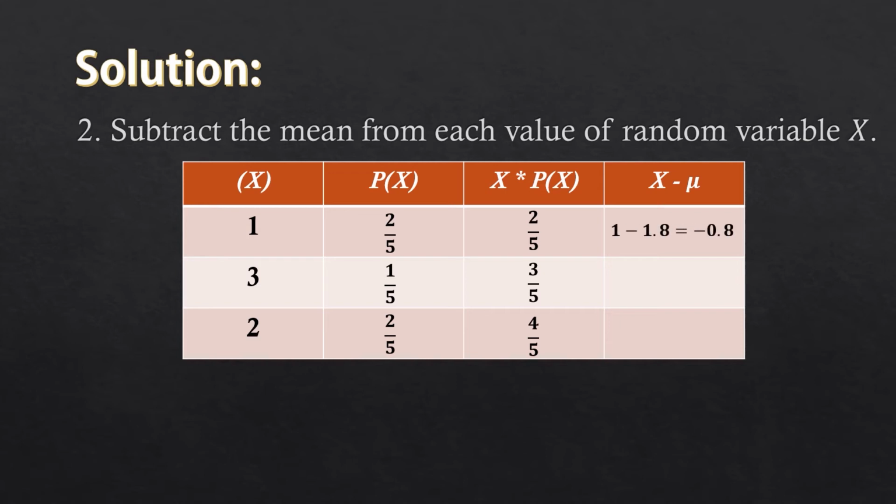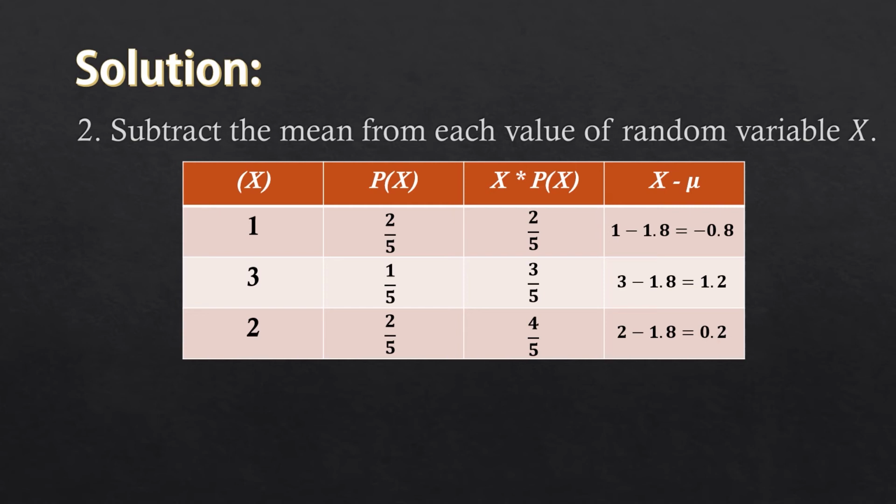For the first value, number 1, we have 1 minus 1.8, that is equal to negative 0.8. For 3 minus 1.8, that is equal to 1.2. And lastly, 2 minus 1.8 is equal to 0.2. So this is the difference between the number on the balls and the mean.